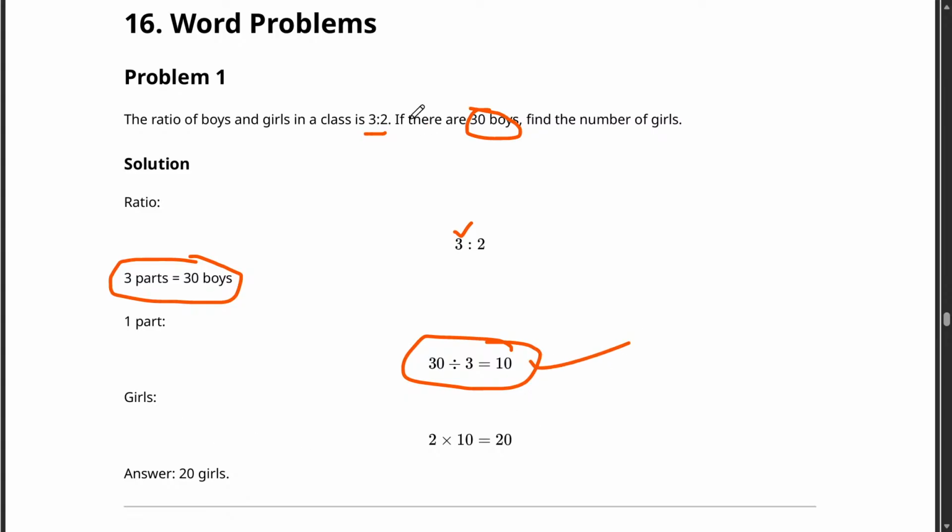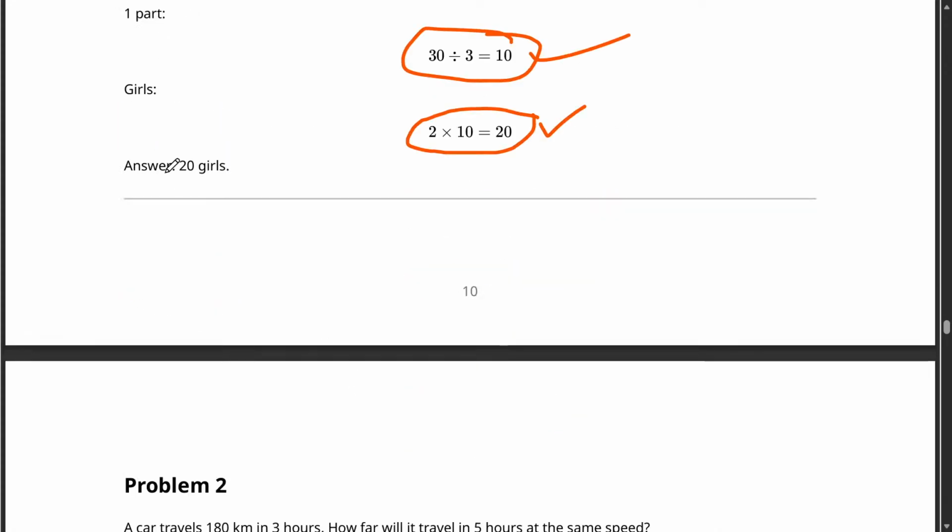This is the part of girls, so two parts. One part equals 10, then two parts equals 2 multiplied by 10, that is 20. So the final answer will be 20.